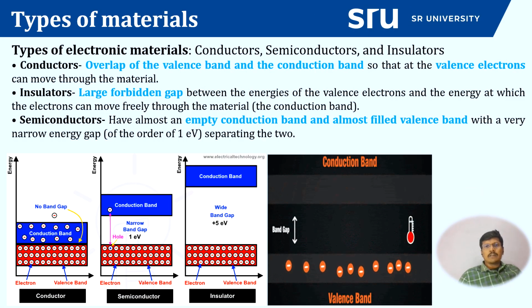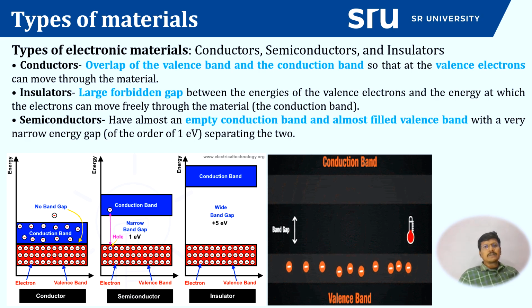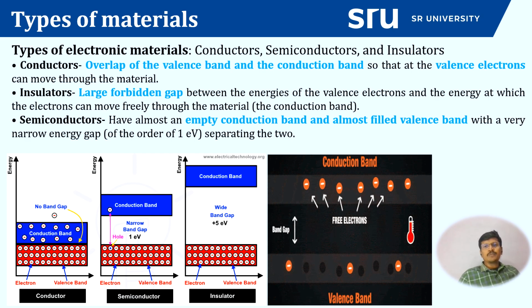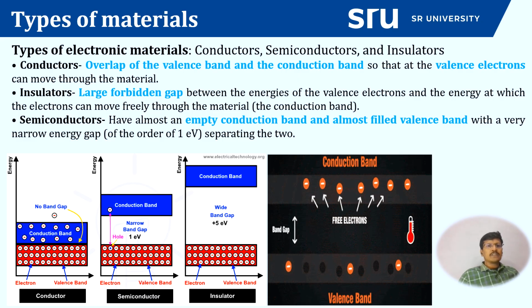Now that we have introduced the semiconductors, let us first understand how materials are classified based on their electrical behavior. In nature, the materials can generally be divided into three groups: conductors, semiconductors, and insulators. The conductors are the materials through which electricity can flow very easily.